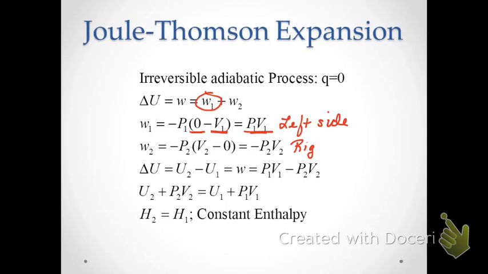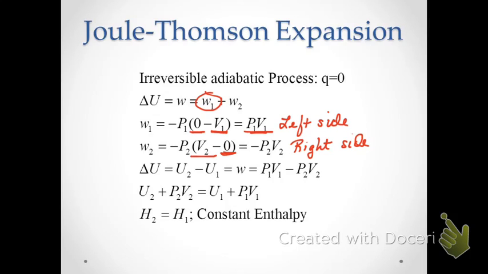By the same token, on the right side, we have negative P2, the pressure of the gas, and it remains constant as it pushes back the piston. The initial volume, of course, is 0 because there's no gas there initially. As the gas pushes it back, the volume increases to a final volume of V2. And so on the right side, the work is negative P2V2.